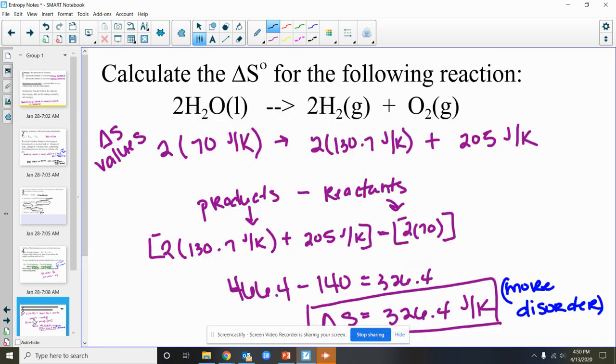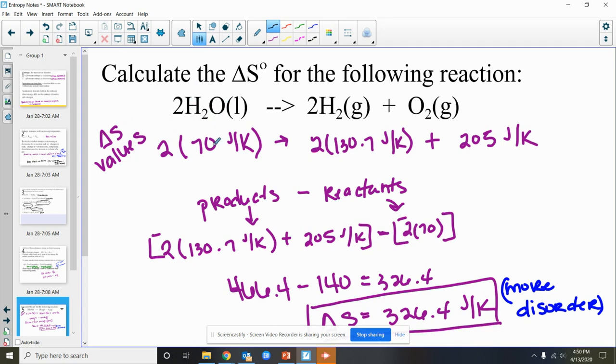So let's show an example of what a problem would look like. I'm going to calculate the entropy for the following reaction. Notice I have 2 moles of water in liquid form being broken down into 2 moles of hydrogen gas and 1 mole of oxygen gas. I'm going to take my value chart and look up my S values.